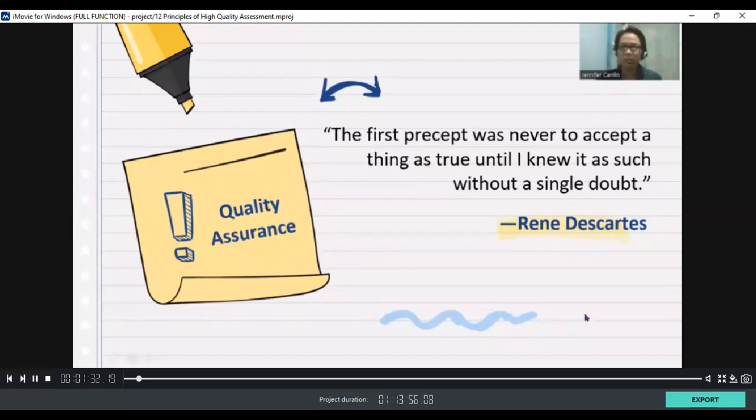So same thing with assessment. It does not mean that all the tests we make are already good enough. It is in gold standard. So assessment should also be revised until we can come up with something that is of high quality.